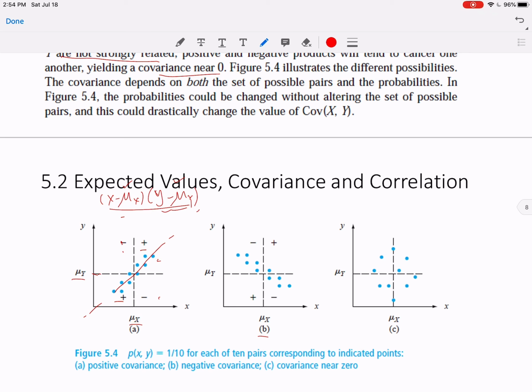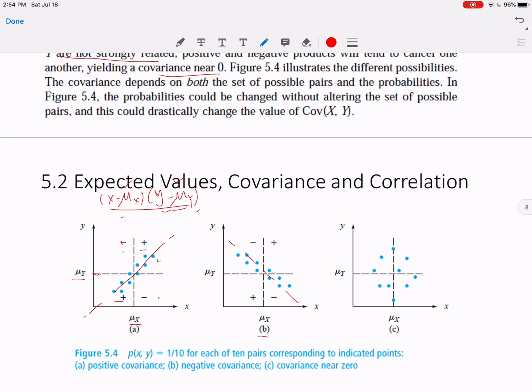From the view of the graph, we can tell this is a decreasing trend, which means when x increases, y decreases. When x decreases, y increases.